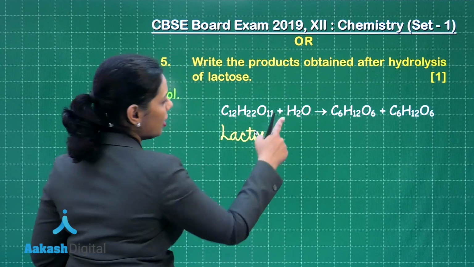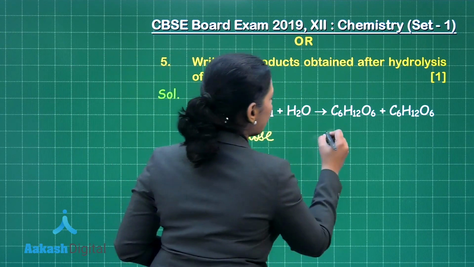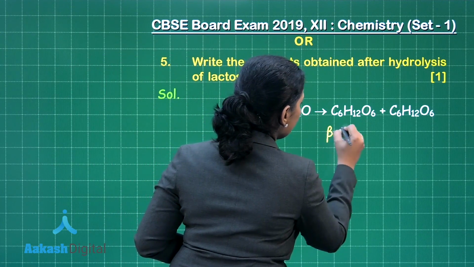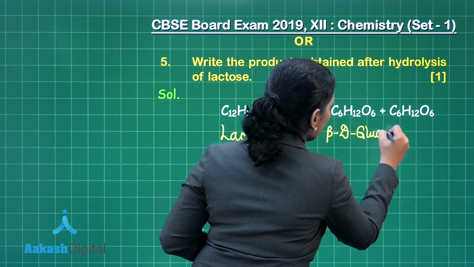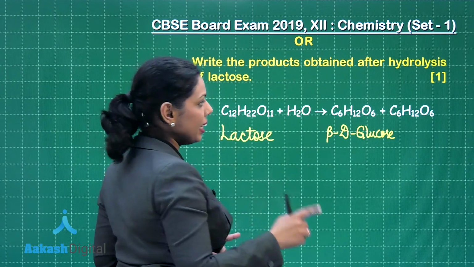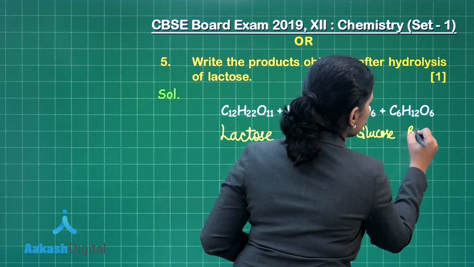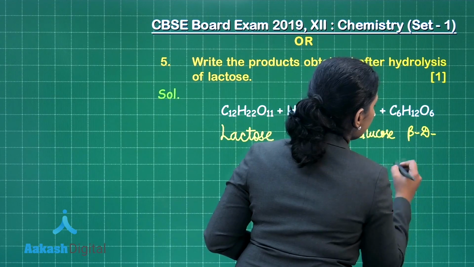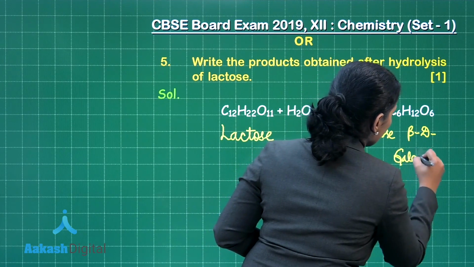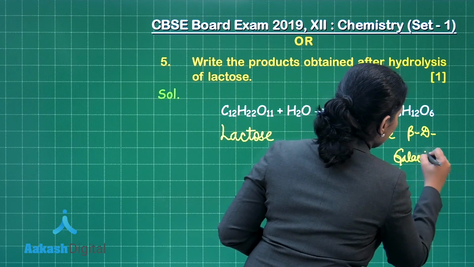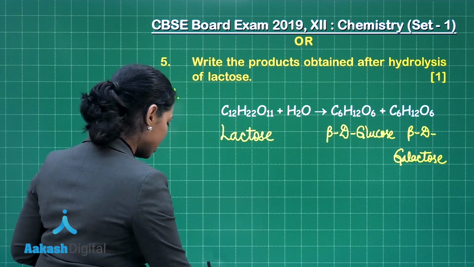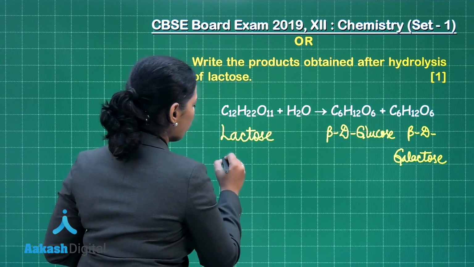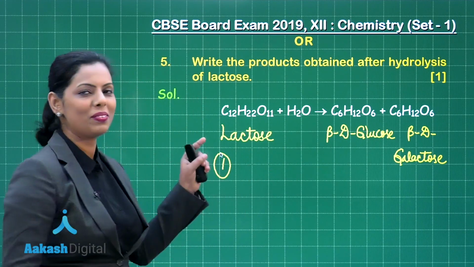Its hydrolysis is done and ultimately you are obtaining beta D glucose, the first thing, and the second thing that you are obtaining is beta D galactose. If you write so, then you will obtain 1 mark for this segment also.